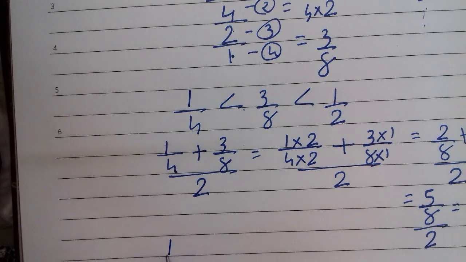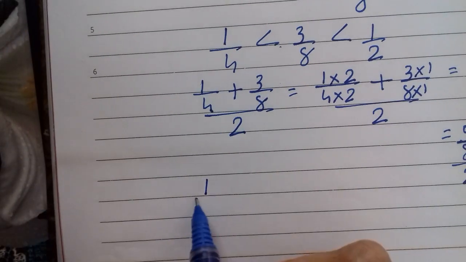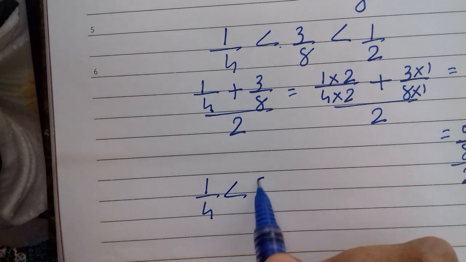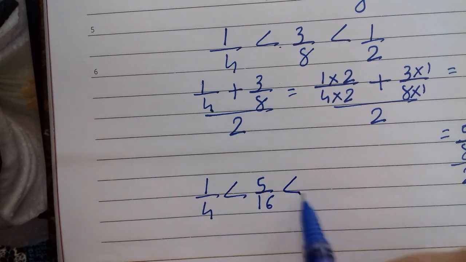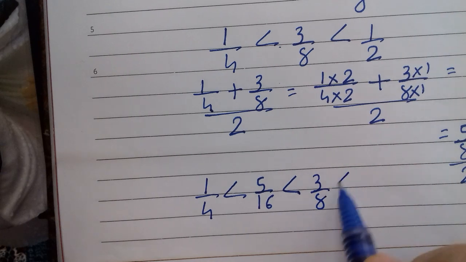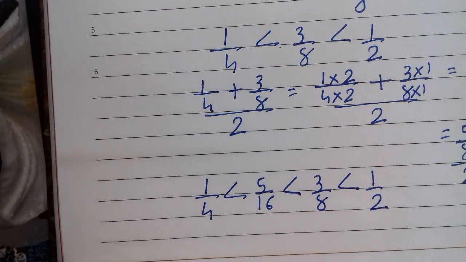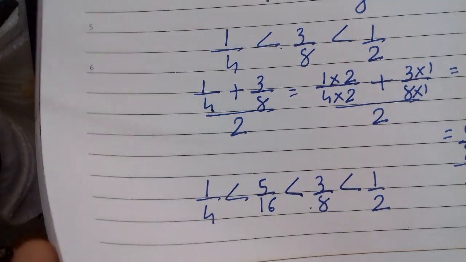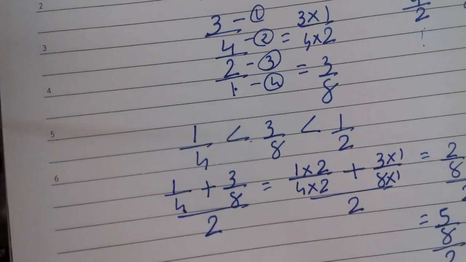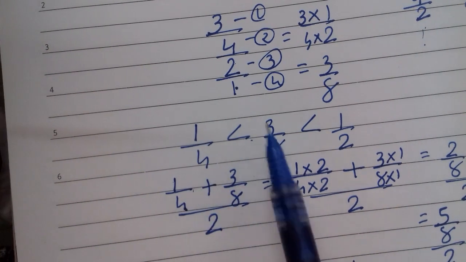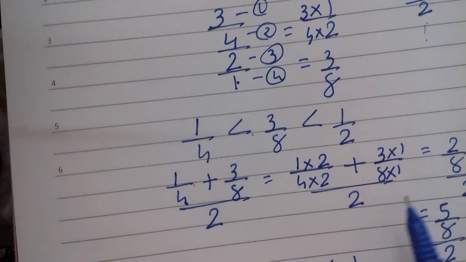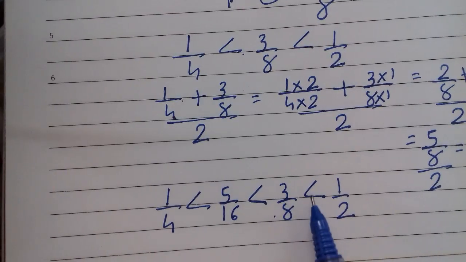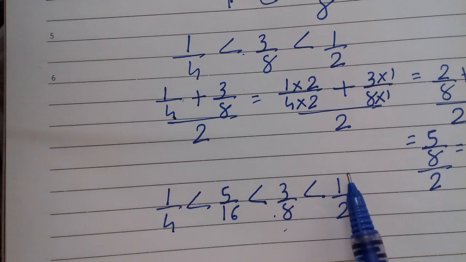So 1/4, 5/16, 3/8, 1/2. Now we find the mean of 3/8 and 1/2. First we found the mean of 1/4 and 3/8. Now we will find the mean of 3/8 and 1/2.